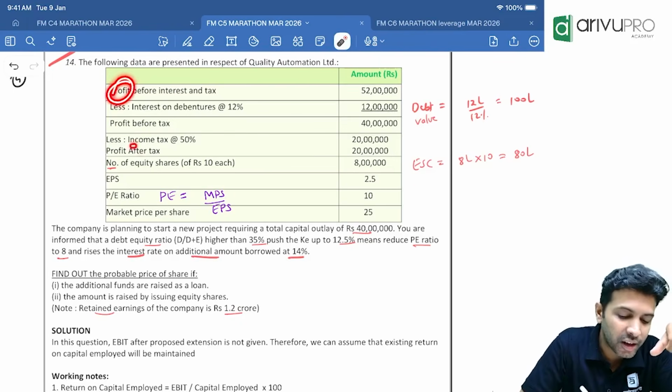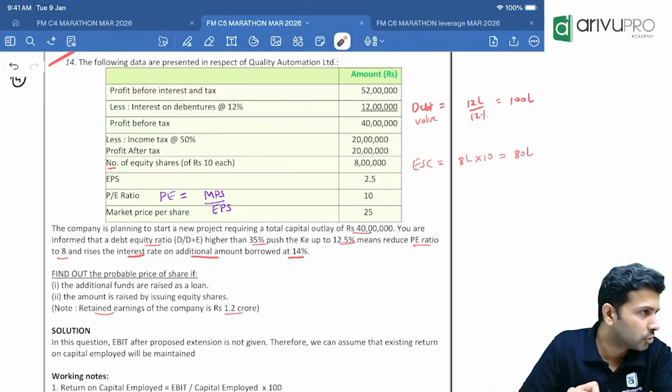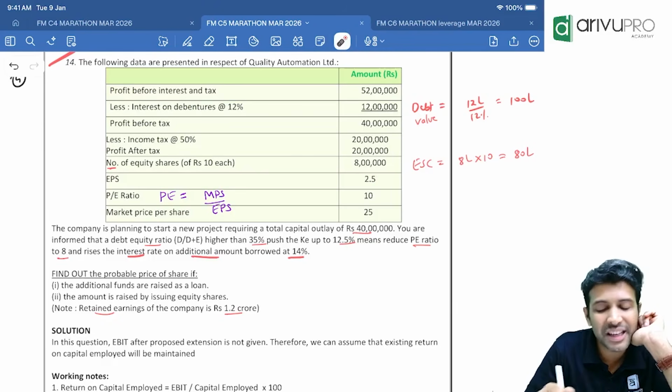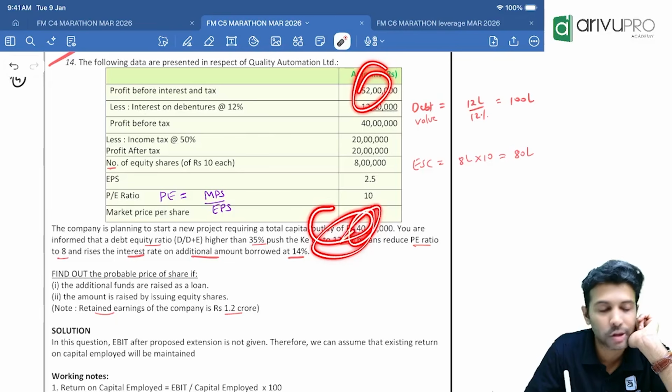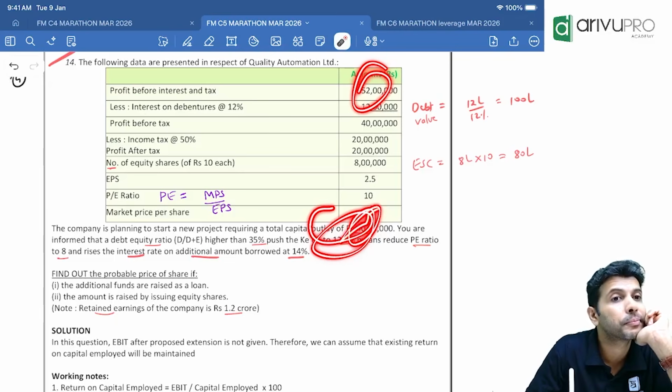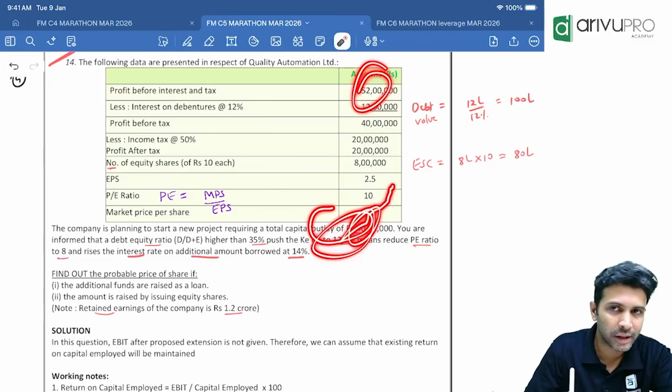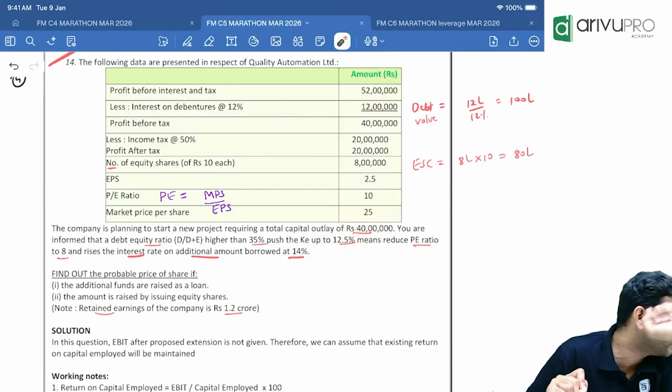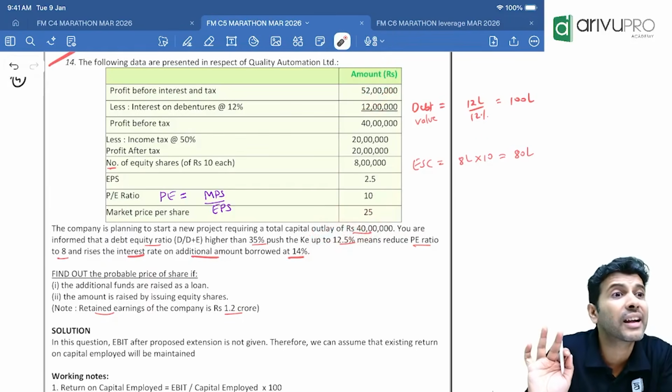From EBIT you have to derive earnings, correct? How? Reduce interest and so on. Yes, but how much EBIT will you get because of this new project? Given or missing? When you're doing a new project, nobody will get zero EBIT. Obviously we will get some EBIT, maybe 1 lakh, 2 lakh, 5 lakh, 10 lakh.